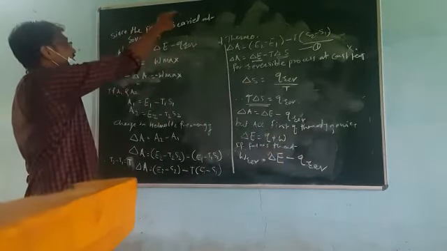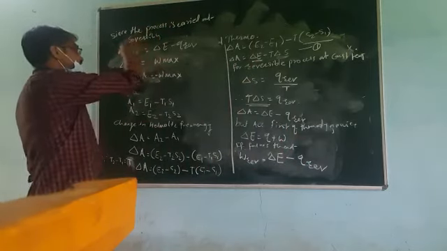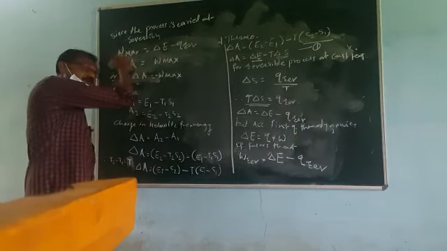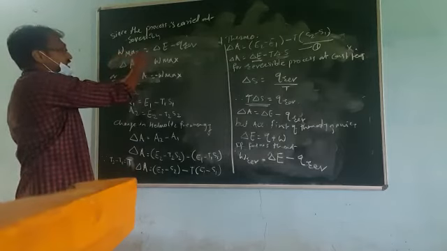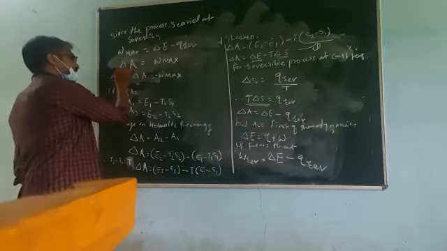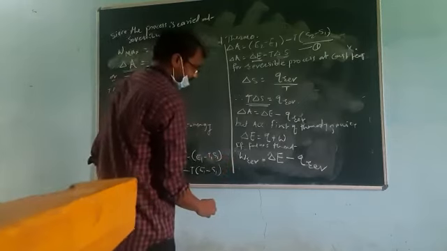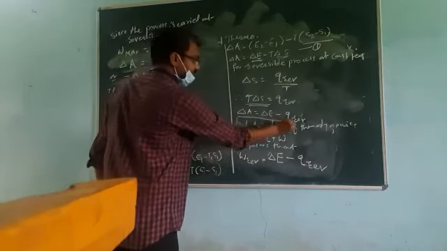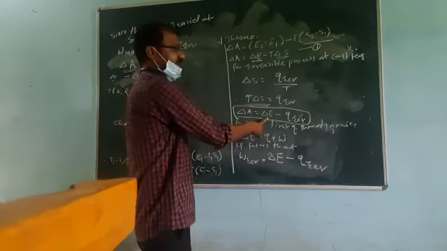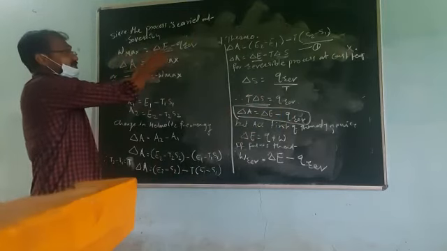Since the process is carried out reversibly, the maximum work done, W max, is equal to delta E minus Q reversible.